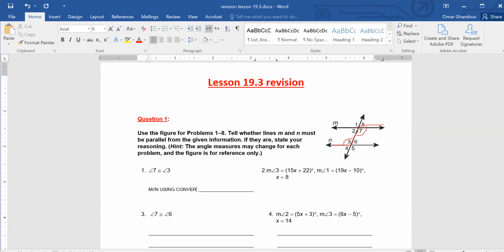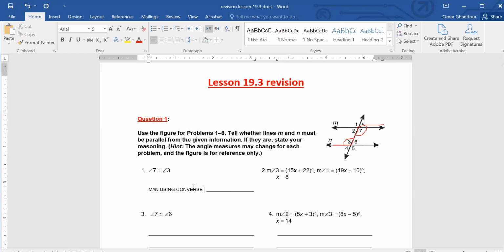Please never ever forget the word converse, because this is what differentiates this lesson from the previous lesson. Here we are not using the theorems, we are using the converse of the theorem: if the angles are equal, then the lines are parallel. The theorem said if the lines are parallel, then the angles are equal.